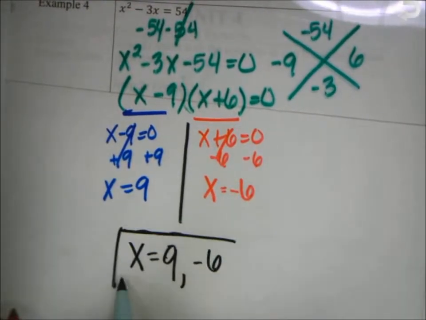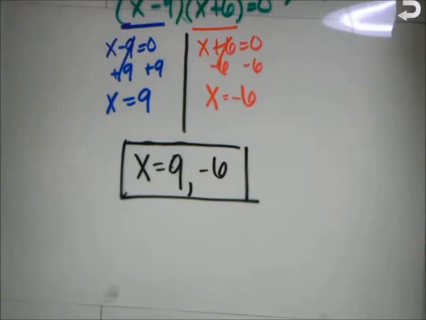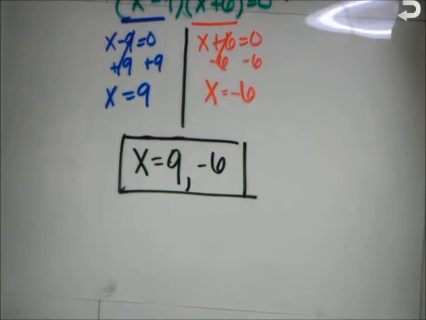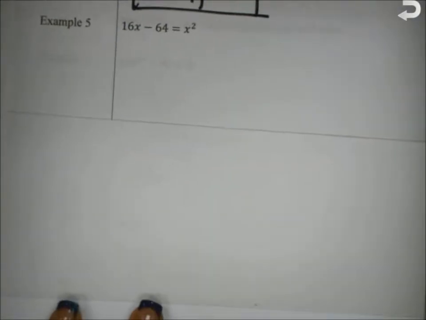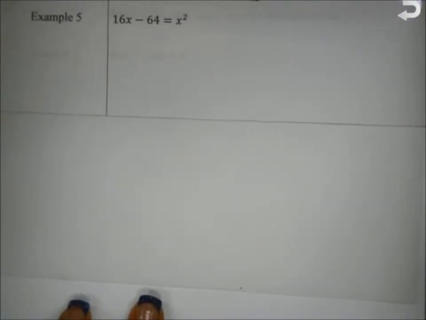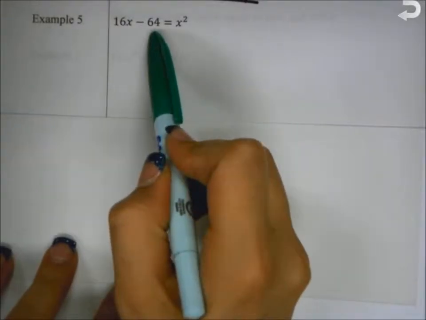Okay, example number 5. We're just moving right along. So this time we have 16x minus 64 equals x squared. Are we equal to 0 here?